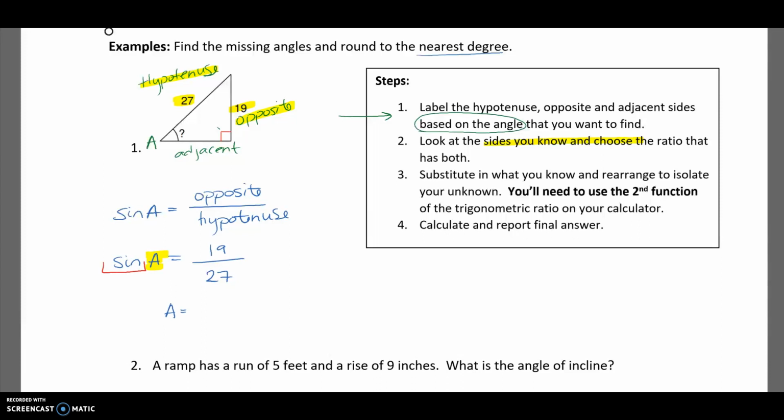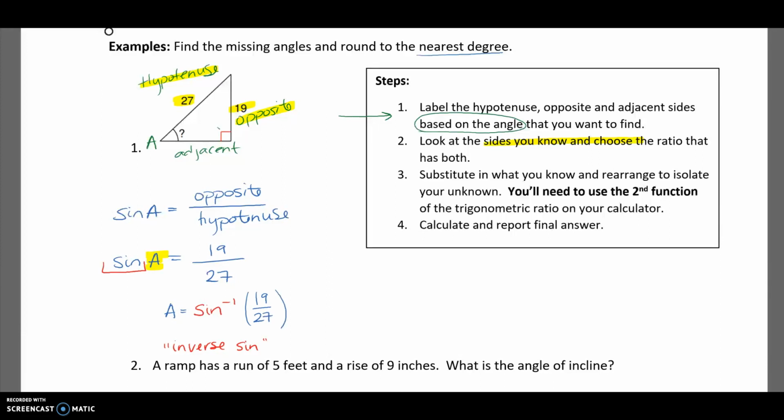The opposite of the sine function is called the inverse sine, and it has that symbol sine with this sort of -1 exponent. So when I move the sine across the equal sign, it becomes the inverse sine of that fraction that was already there, 19 over 27.